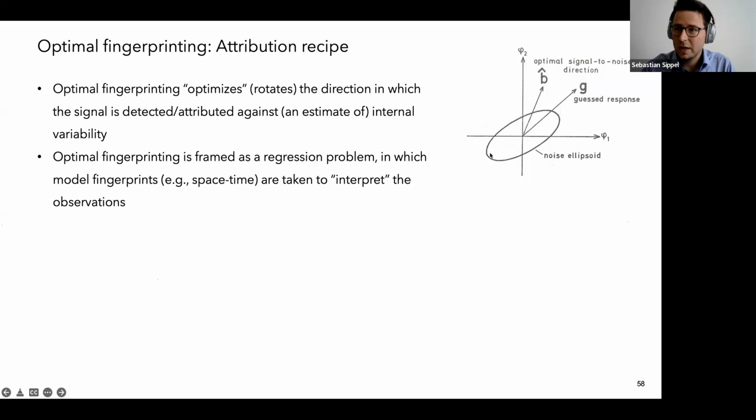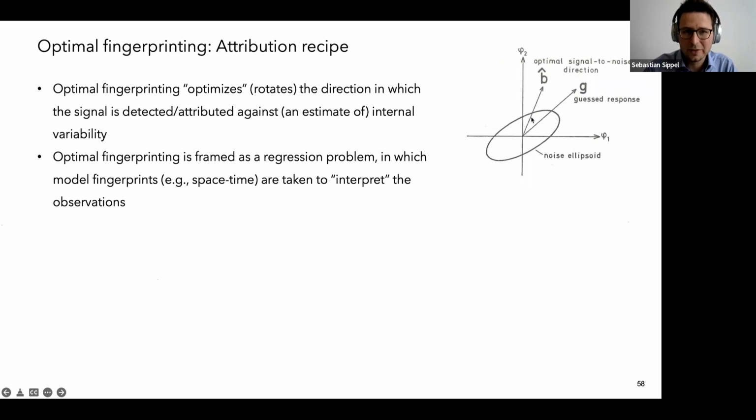And then he's saying, well, just looking into the direction of the signal, as we did in the non-optimized fingerprinting, may not be enough. I tend to think that today the signal is strong enough that maybe even that is enough. But in 1979, when there was almost no global mean surface temperature warming, Klaus Hasselmann clearly said that in order to see more nuanced signals, we need to look into an optimal direction, a direction that strikes the optimal balance to optimize our signal to noise ratio.